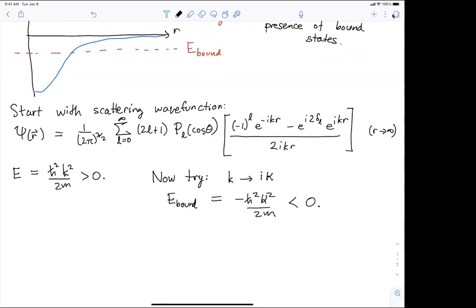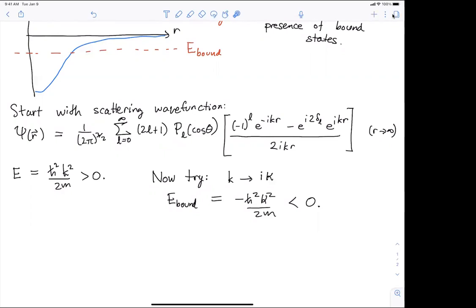And not only that, but now that we're looking for bound states, we don't have to worry about matching this thing onto a beam that's coming from very far away. That was the thing that required us to have all the different angular momenta in the sum here. But if we don't care about that, if we just want a wave function that works, we can just take each value of L separately.